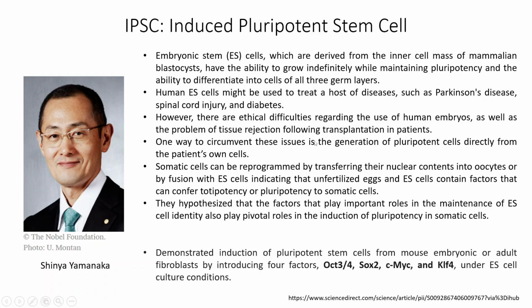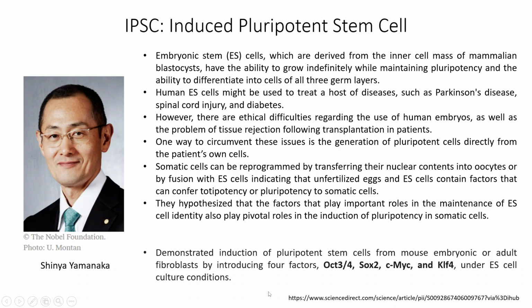And with some very clever experiments, they demonstrated that they could induce pluripotent stem cells from mouse embryonic or adult fibroblasts, so somatic cells, by introducing these four factors, OCT3/4, SOX2, c-MYC, and KLF4, under ES cell culture conditions.